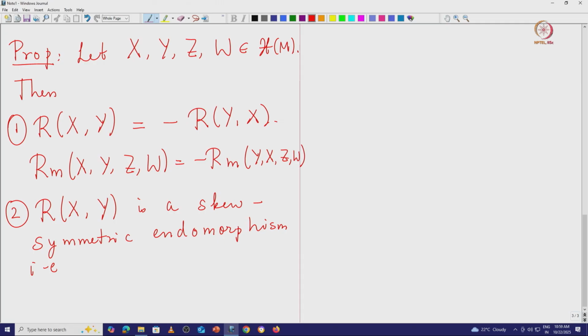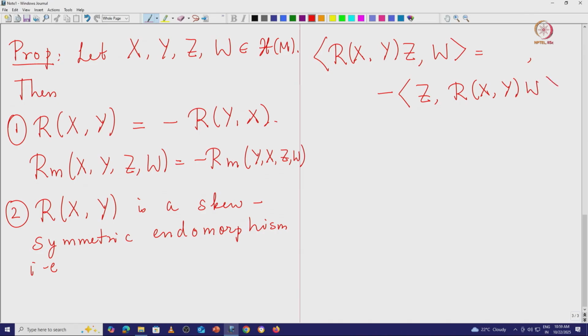So what that means is if you apply Rxy to Z and take the inner product with W, that's minus the inner product of Z with Rxy applied to W.